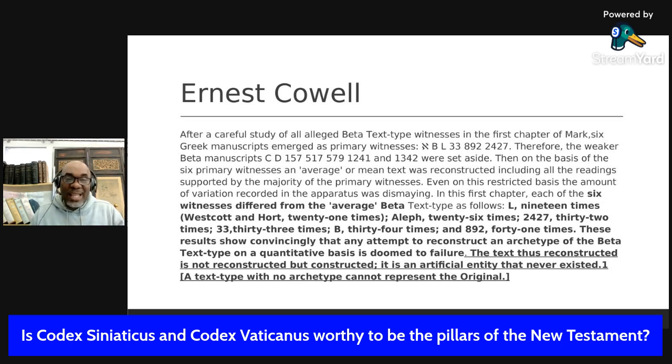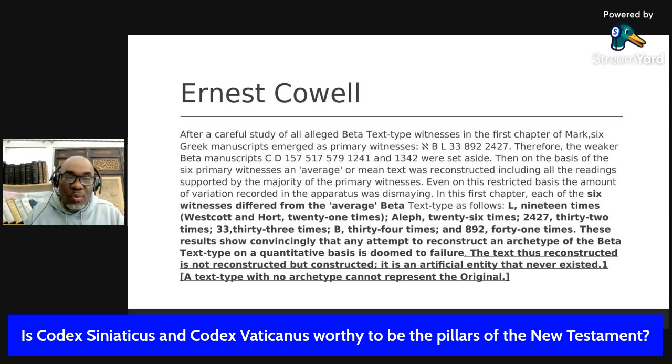These results show convincingly that any attempt to reconstruct an archetype for the Beta or Alexandrian text type on a quantitative basis is doomed to failure.